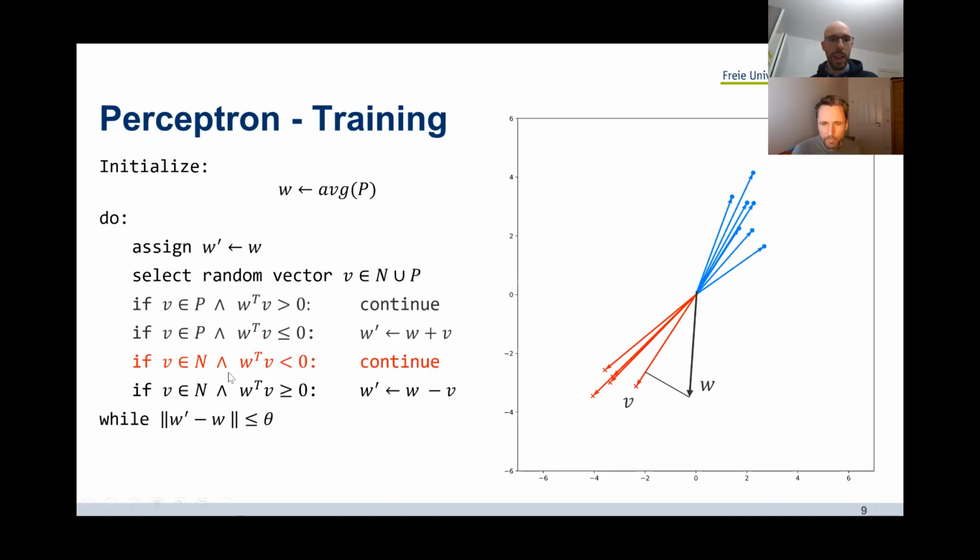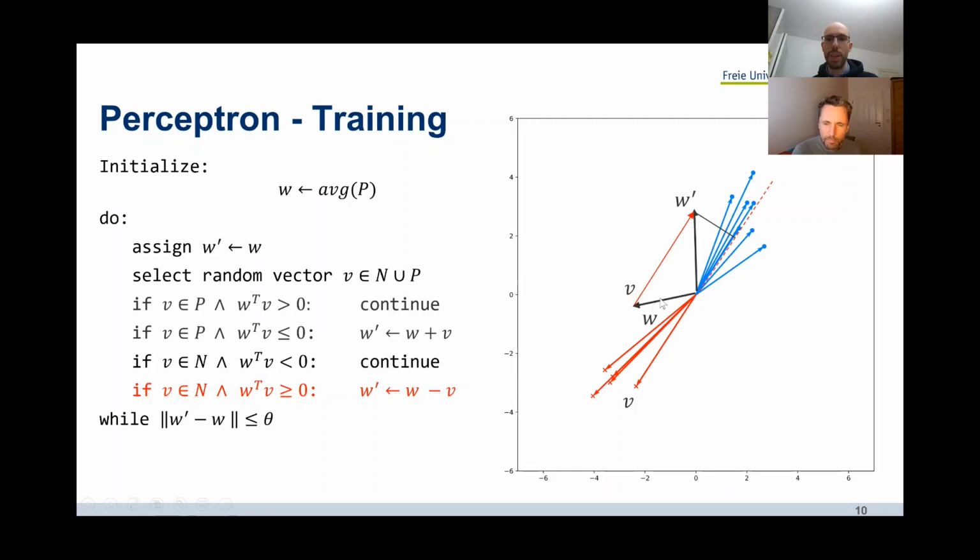So we draw a negative sample, and if the orthogonal projection is smaller than 0, everything is fine. In the other case, we need to update.